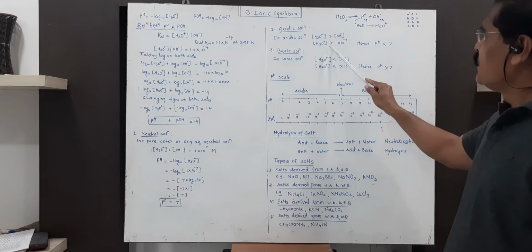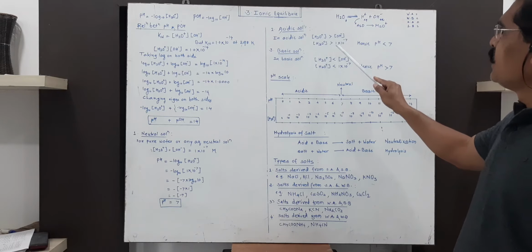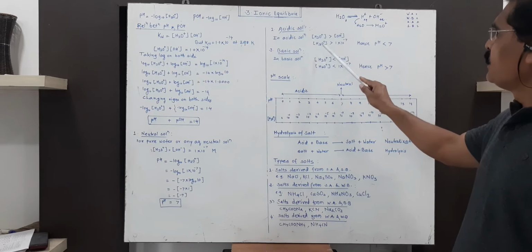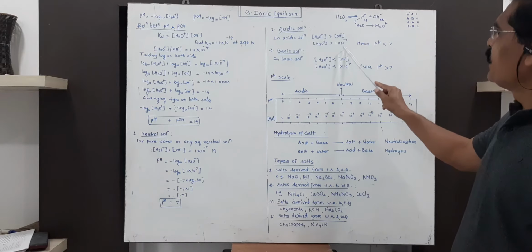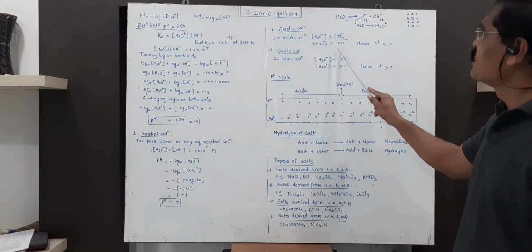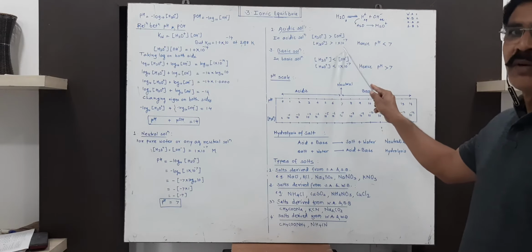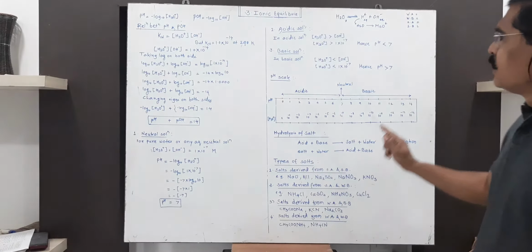Concentration of H3O+ is greater than 1 × 10^-7, means if we take the concentration of H3O+ as 1 × 10^-6, then pH of that solution becomes equal to 6.